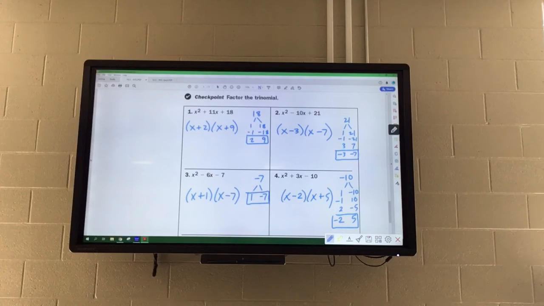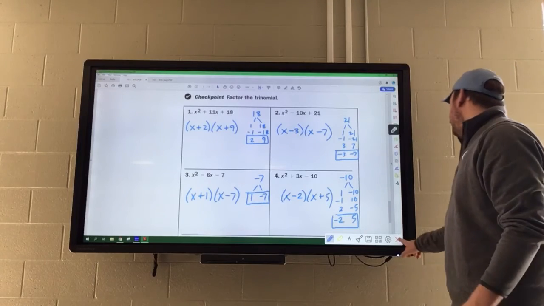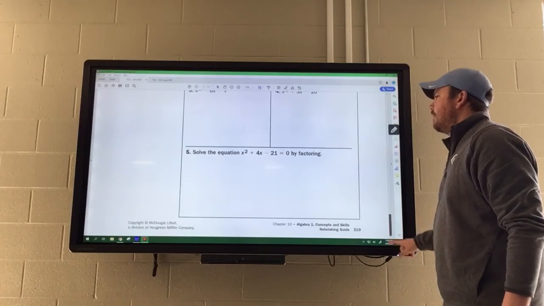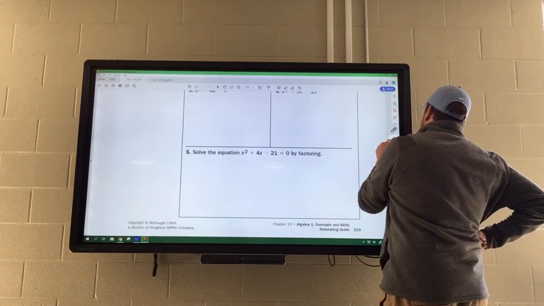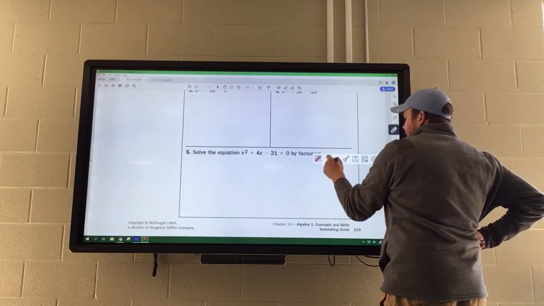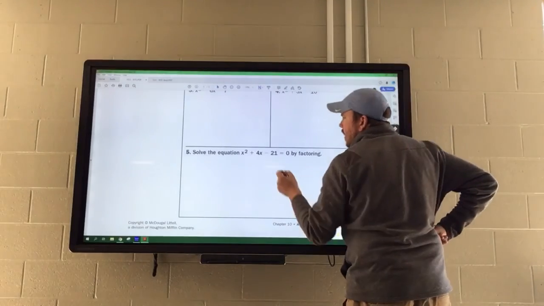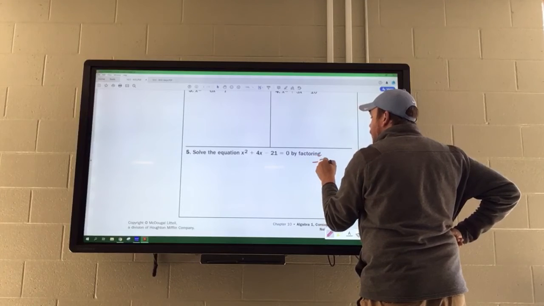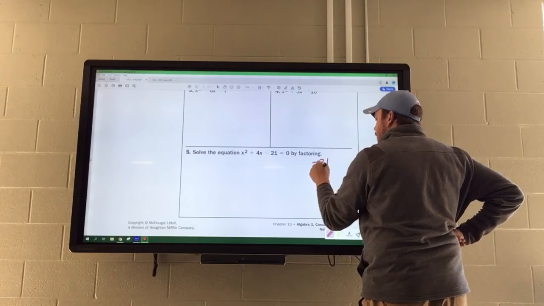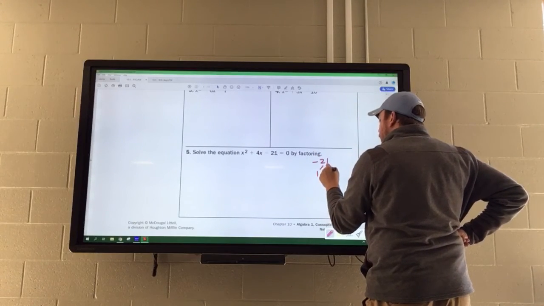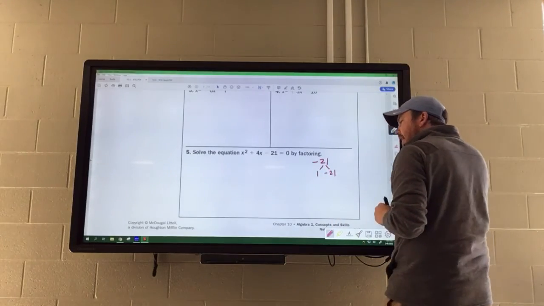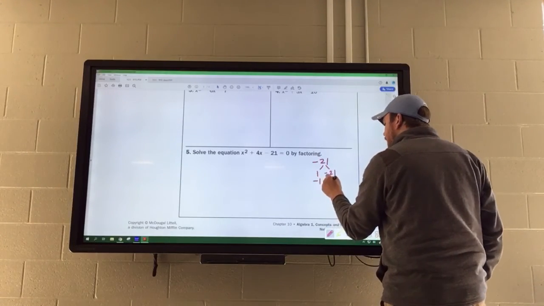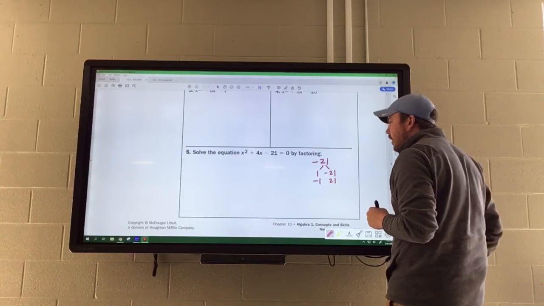And last, we have one where we need to solve our equation. So first, we factor. In this one, we'll do it in this pink color. We need factors of negative 21 that add to 4. So to get to negative 21, I can do 1 times negative 21, but that adds to negative 20. Negative 1 times 21, but that adds to positive 20.